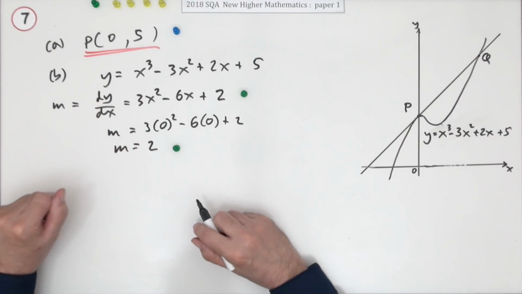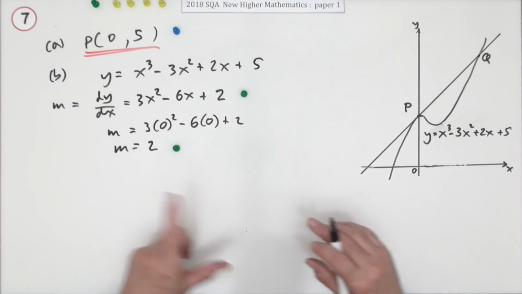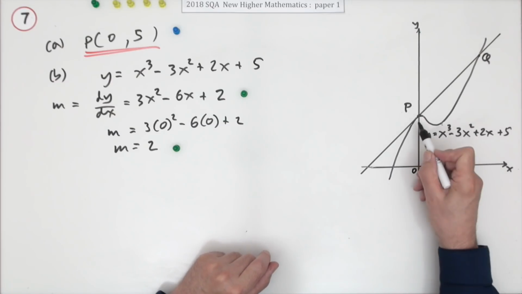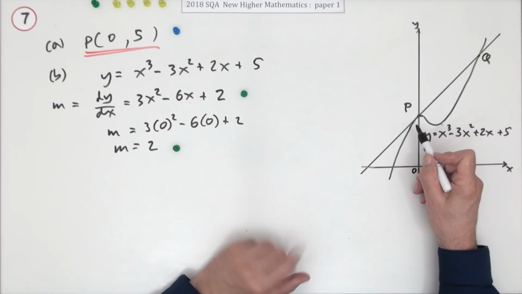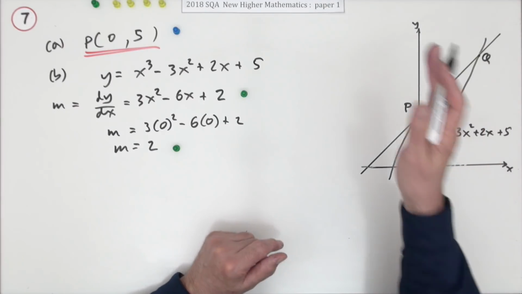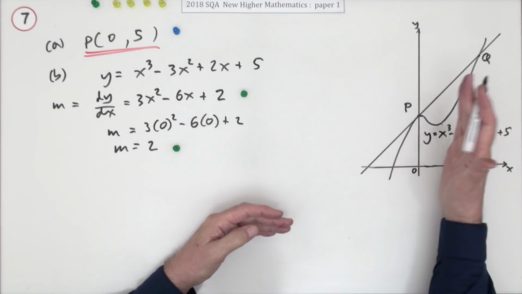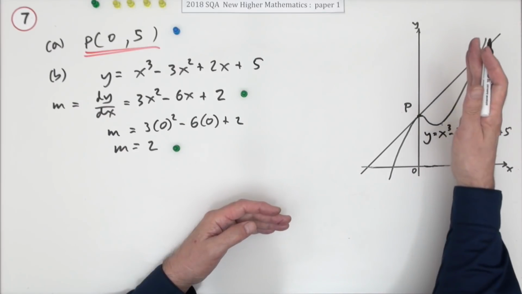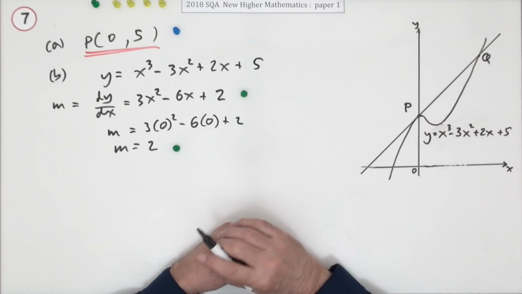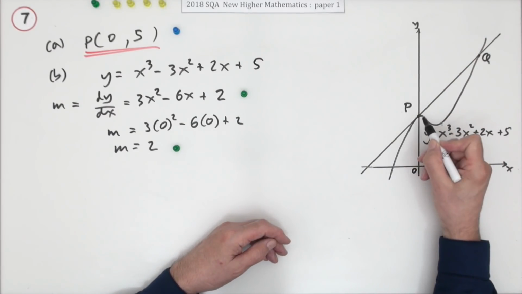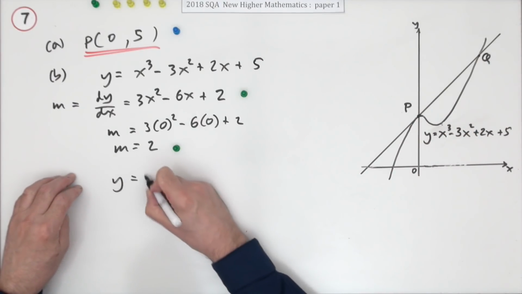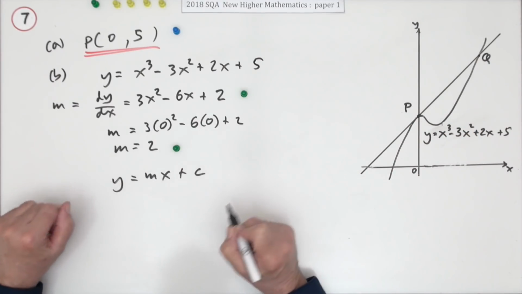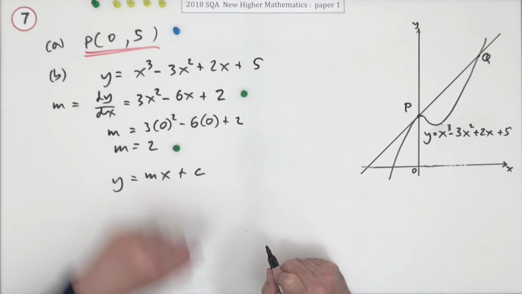Now you can jump in. Again, for that line, you could go in with y minus b equals m(x minus a), but always double check if it's not a simpler line than that. Is it vertical? So the equation's x equals. Is it horizontal? So the equation is y equals. Do you know where it cuts the y-axis? Yes. So you can just say y equals mx plus c, because you've got the 2 figures to put in.